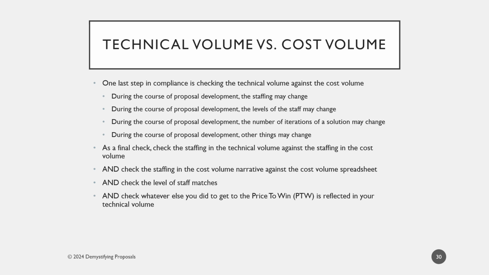Check the staffing and the cost volume narrative against the cost volume spreadsheet. So the cost volume spreadsheet is usually incorporated in the cost volume, but if it's not, you still need to check it so that what it says in that spreadsheet matches what it says in the narrative. And then check the level of the staff matches, and then check whatever else you did in order to get to the price to win, and make sure that all of those puts and takes are reflected in your technical volume.